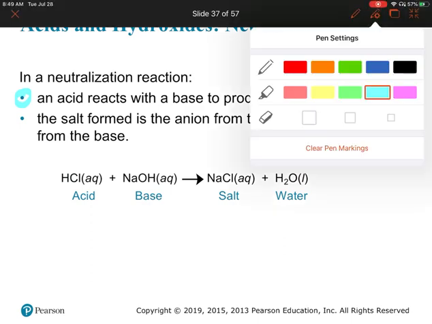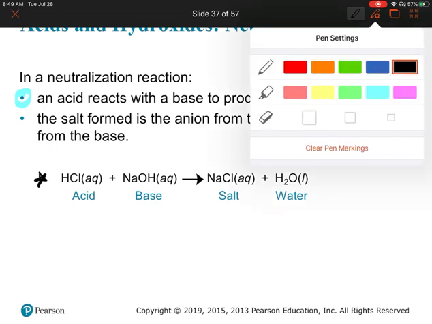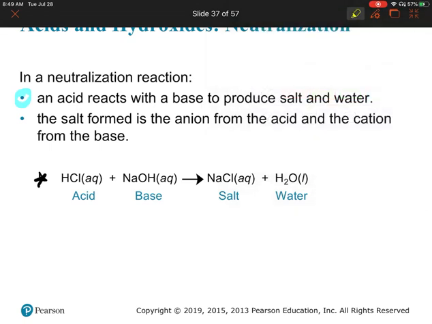So down below, we have a reaction between hydrochloric acid and sodium hydroxide. So the hydrogen from the acid and hydroxide from the base are forming H2O, water. And then what's left over is chlorine and sodium, so that makes sodium chloride.